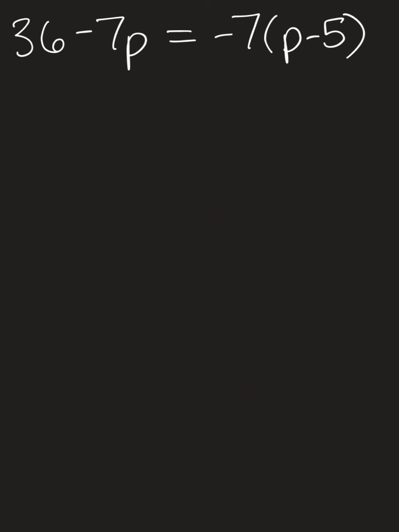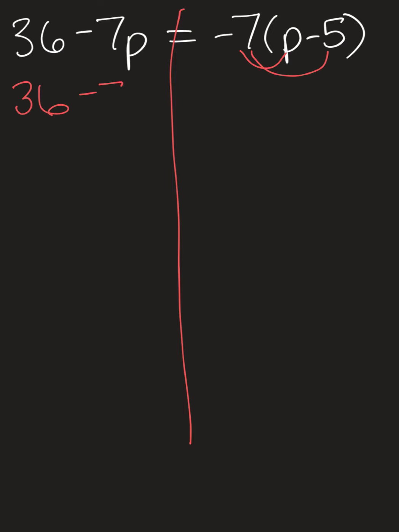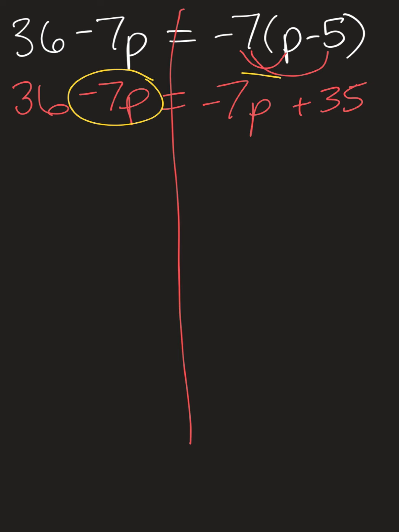Next we have an example, 36 minus 7p is equal to negative 7p minus 5. So I'm going to distribute on the right here. I don't distribute on the left, so I'm just going to bring that down. And I have negative 7p and positive 35. Now you notice that we have negative 7p on both sides.